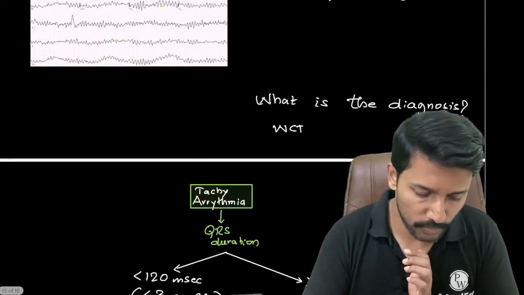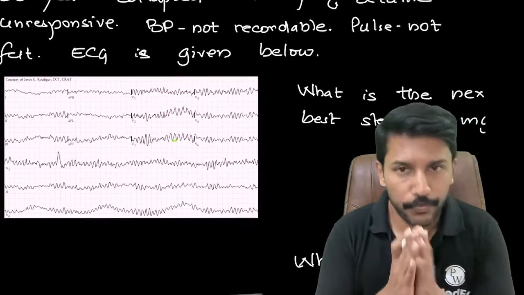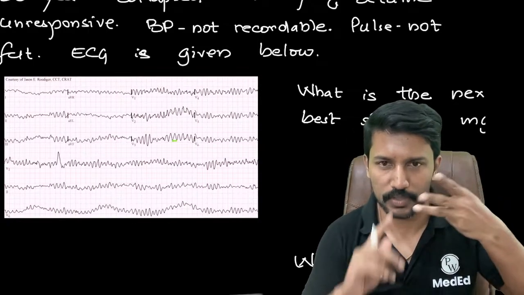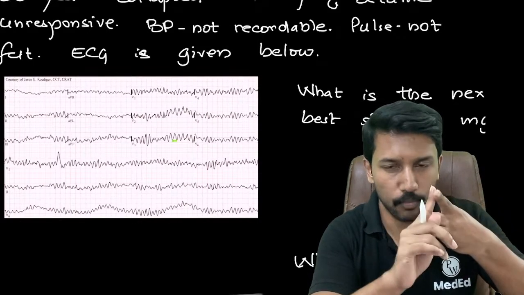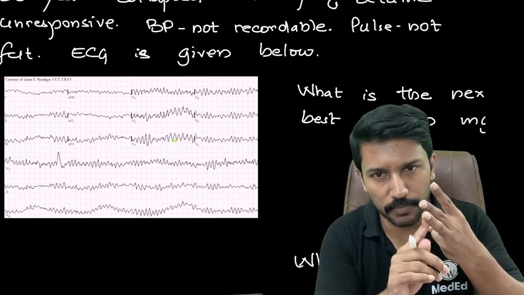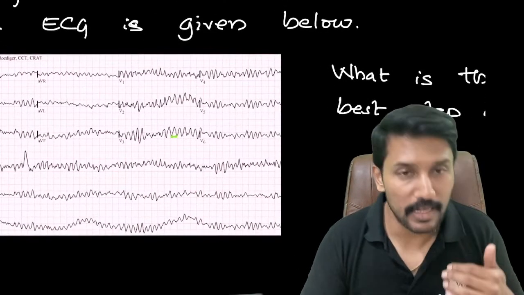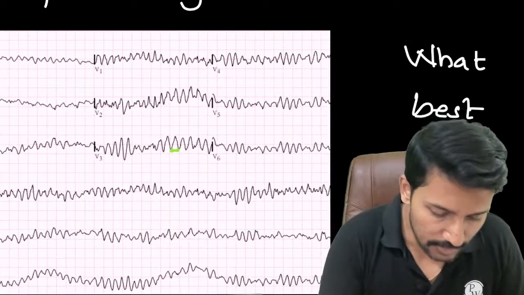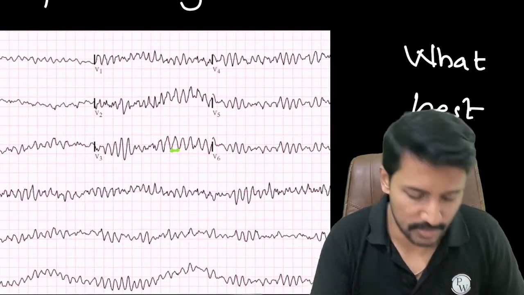Now going back to the image, we have agreed that this is a wide complex tachycardia. So we have only three differential diagnoses: ventricular tachycardia monomorphic, ventricular tachycardia polymorphic, and ventricular fibrillation. Looking at the image, what can we confidently rule out as of now? We just agreed that the QRS complexes don't look the same, right?